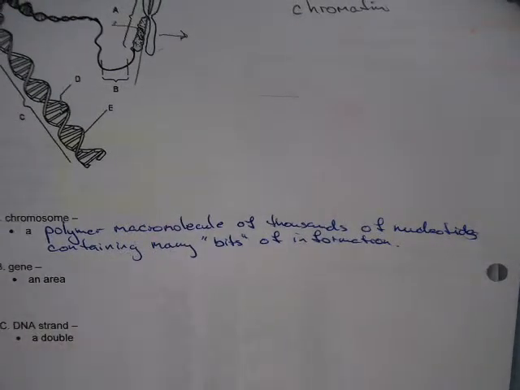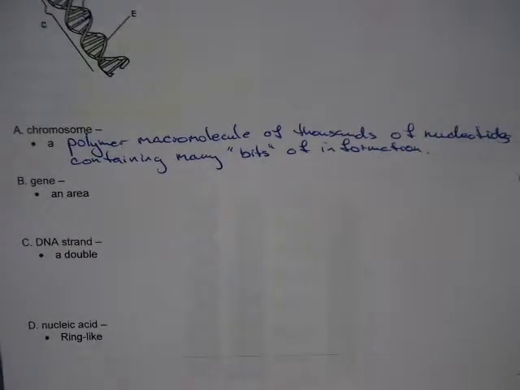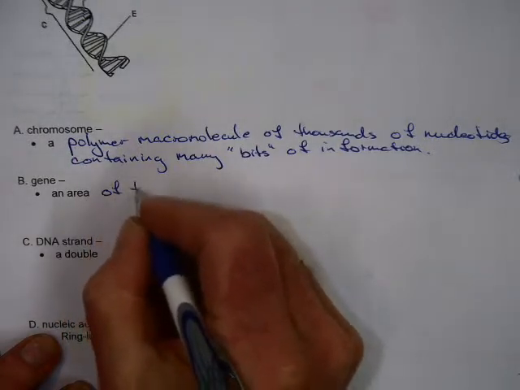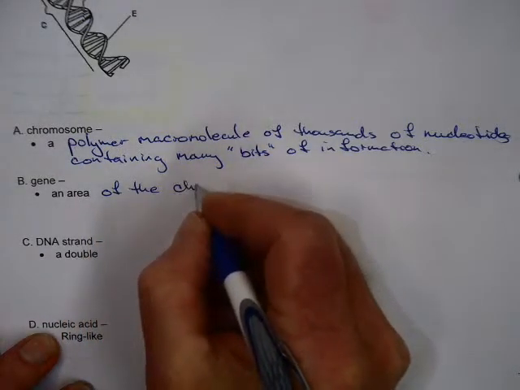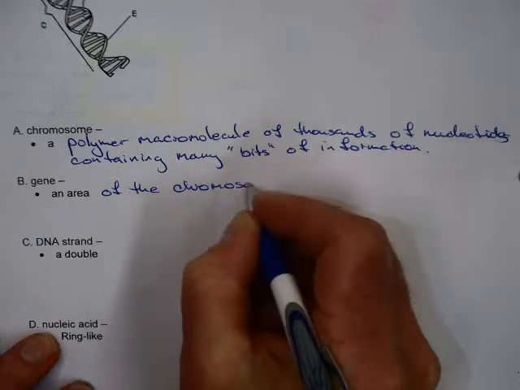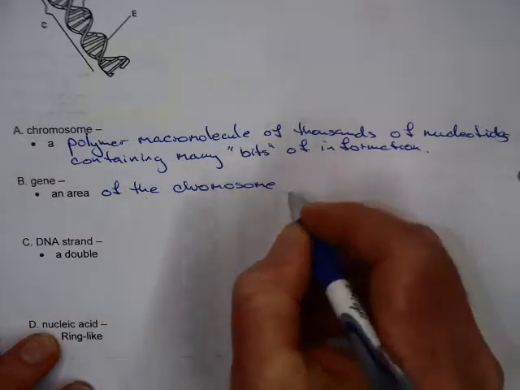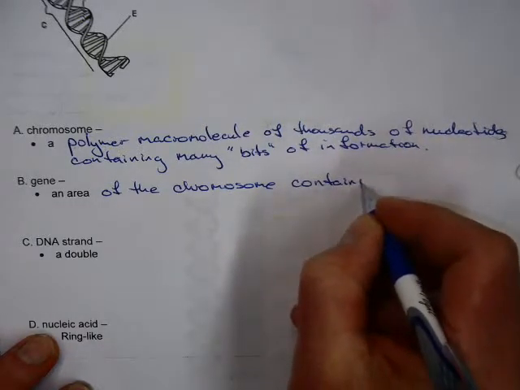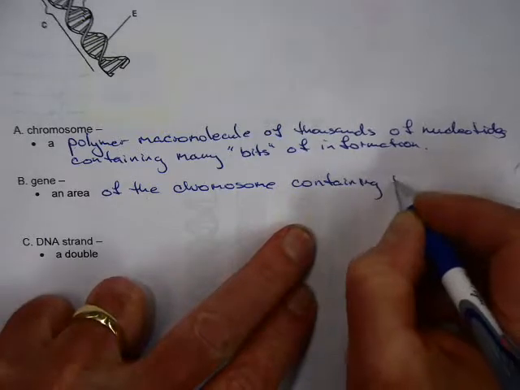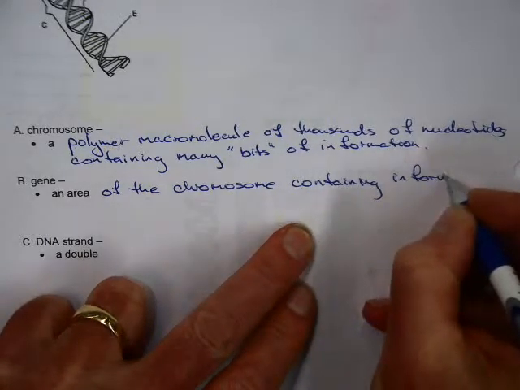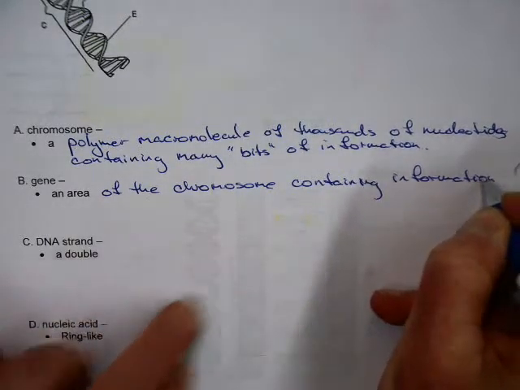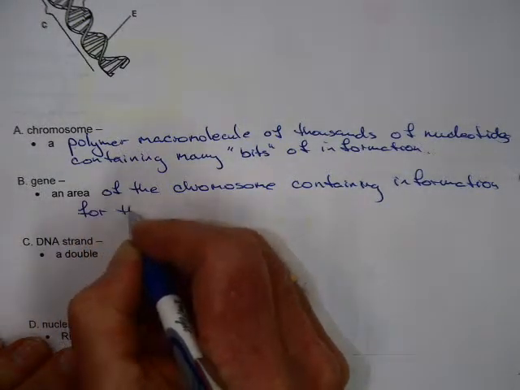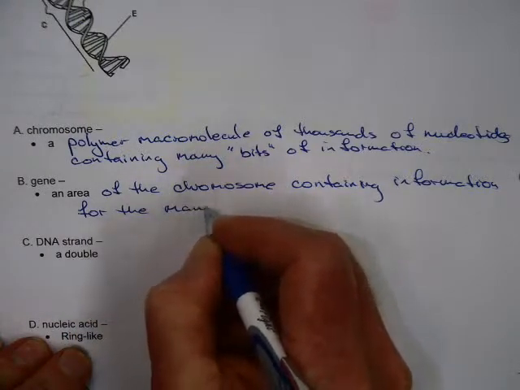So a gene is an area of the chromosome containing information for the manufacture of one protein.